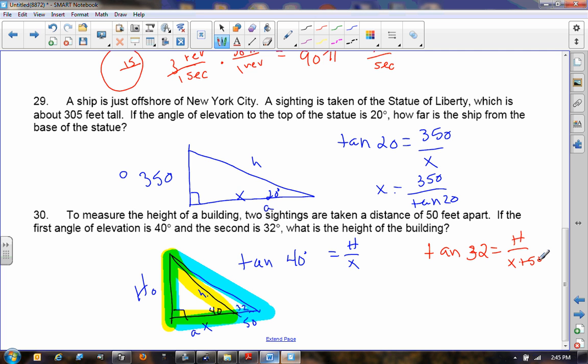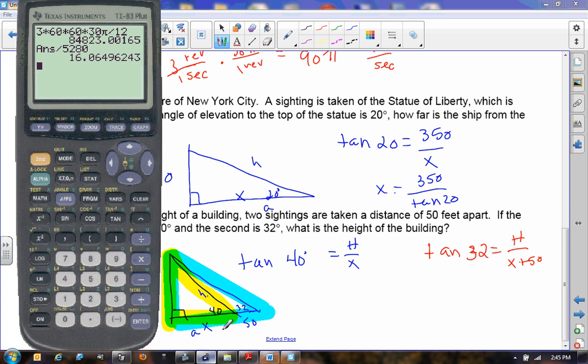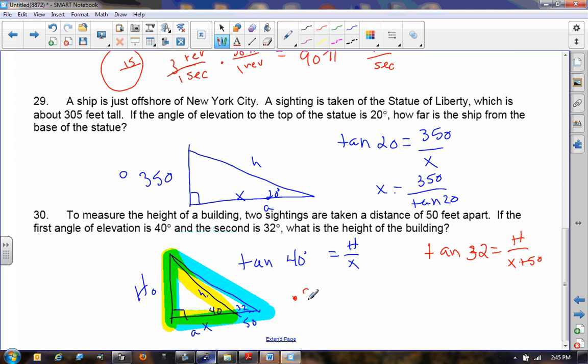Remember, these ratios are nothing more than decimals. Tangent of 40 is a decimal. So let's see what that decimal is. Tangent of 40 is 0.84. 0.84 equals h over x.